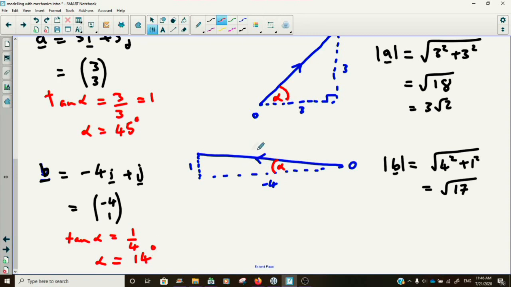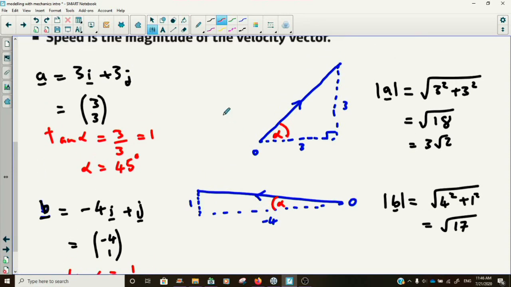Now, you may be asked for the bearing of these vectors, in which case you'd have to work out, in the case of a, you'd have to do 90 minus alpha to get the bearing. Or in this case, remember bearing is from north and it's clockwise, you'd want the whole of this angle here, which would be 270 degrees to get to this horizontal line, plus another 14, which is alpha.